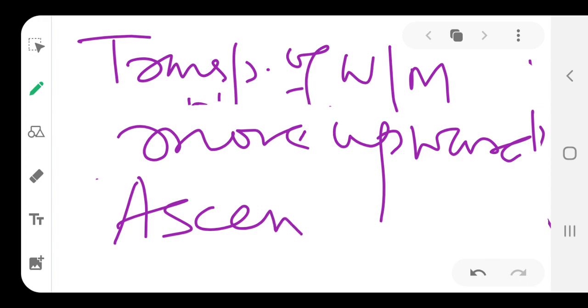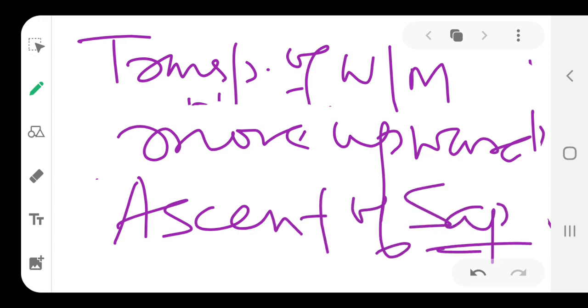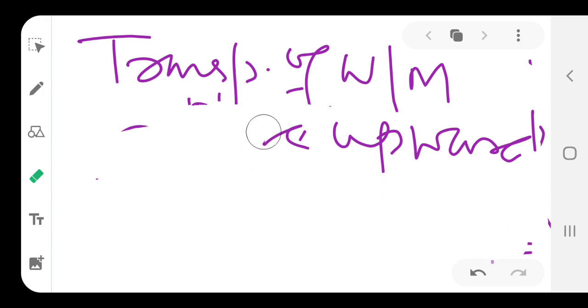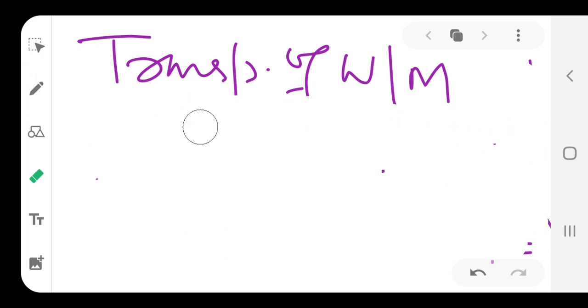This word sap means water and minerals together. As they move against gravity, hence the word ascent, and it is referred to as ascent of sap. And for this topic of ascent of sap, I am writing something in short, so just take it up.